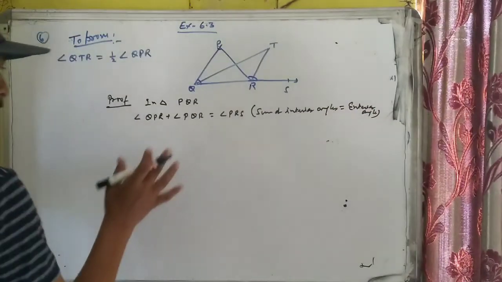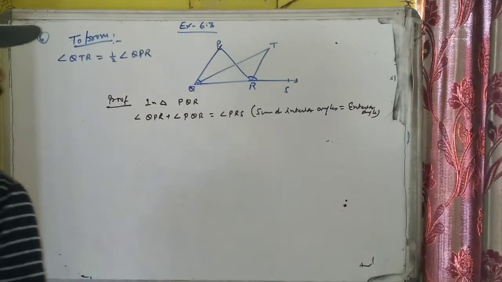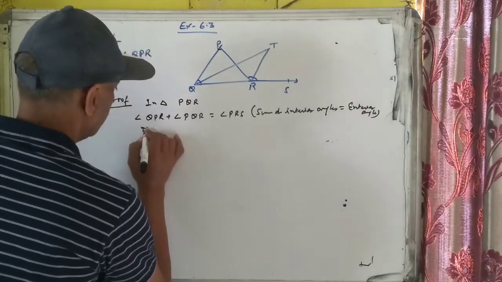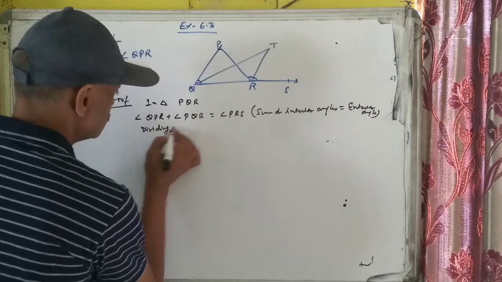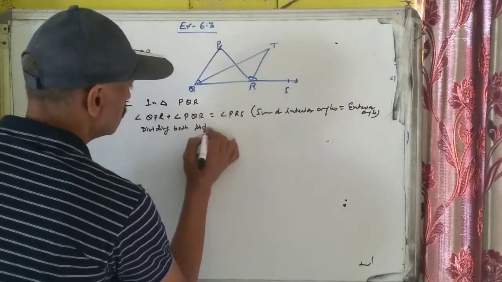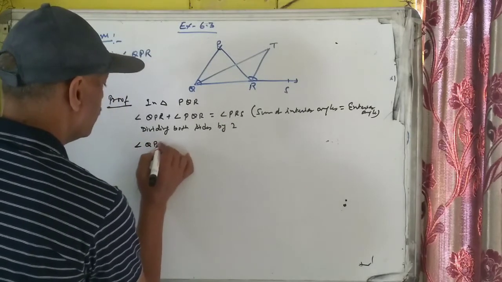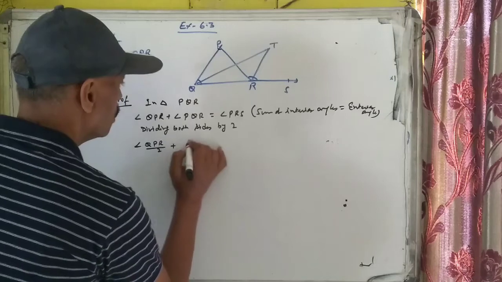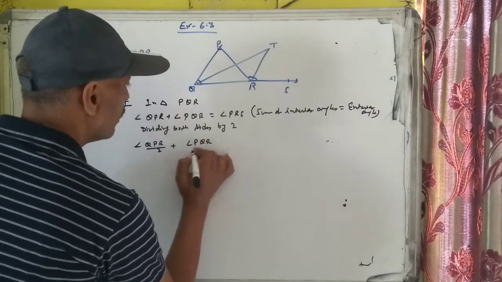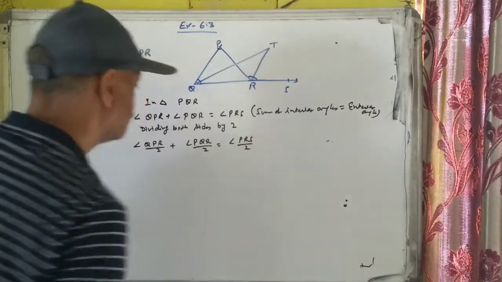Okay. After this, we are just going to divide the equation by 2. Dividing both sides by 2 will make the solution easier. In doing so, we can write QPR by 2 plus PQR by 2 equal to PRS by 2.